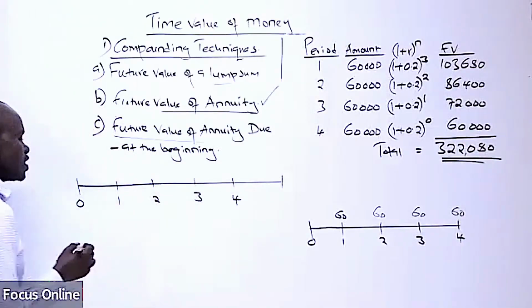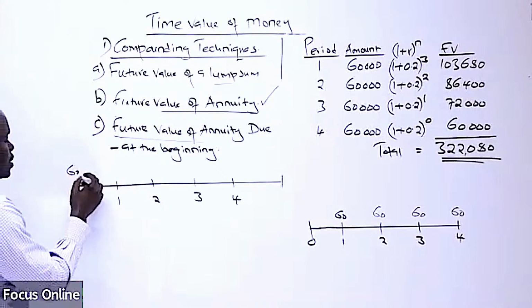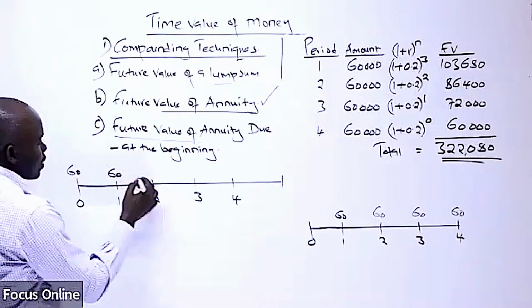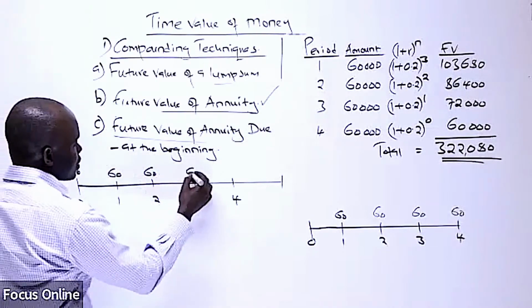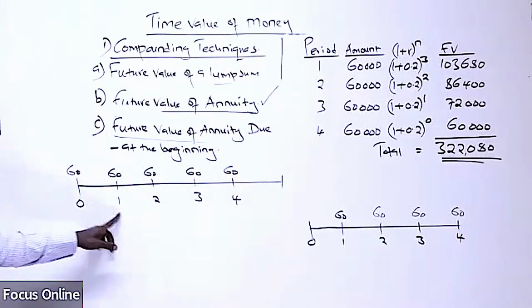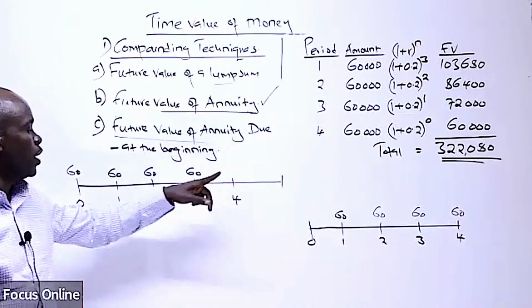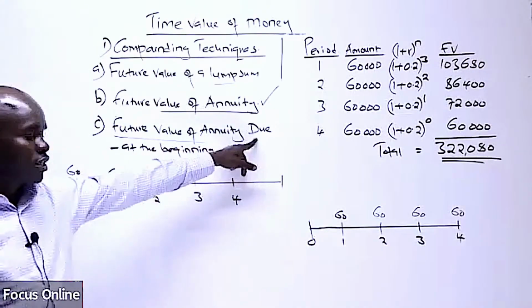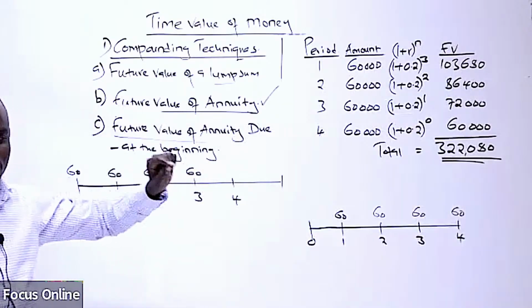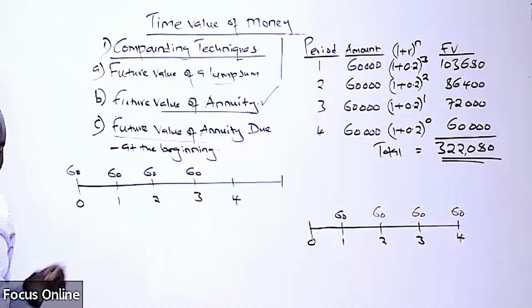If the investment is done at the beginning of the year, here 60, 60, 60, 60, we call it an annuity due. So an annuity due is an amount that is invested or paid at the beginning of the period.